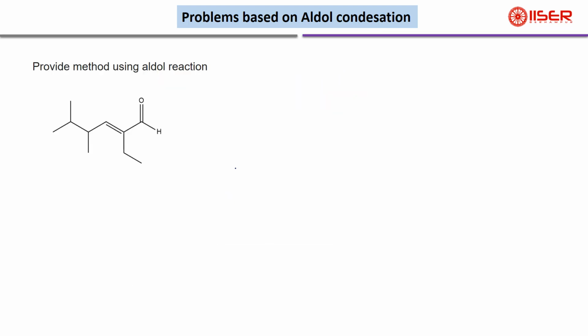Let's go to the next question. Provide the method using aldol reaction. So this is again the simple one. We just have to break along this double bond.